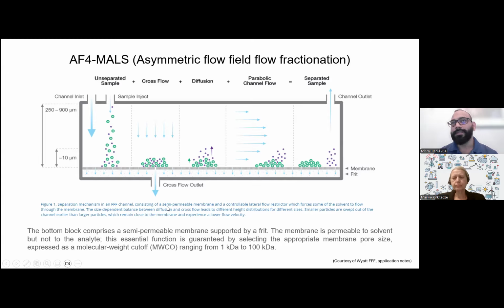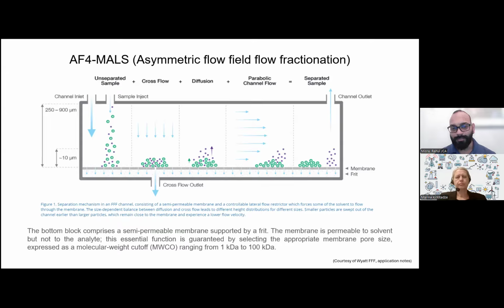But it has been found that some particles have non-specific interactions with the column beads. The particles are not large in size, but they spend more time in the column because of the non-specific interactions. So not necessarily are they bigger; they're smaller in size, but because they interact with the column, the separation is not accurate.